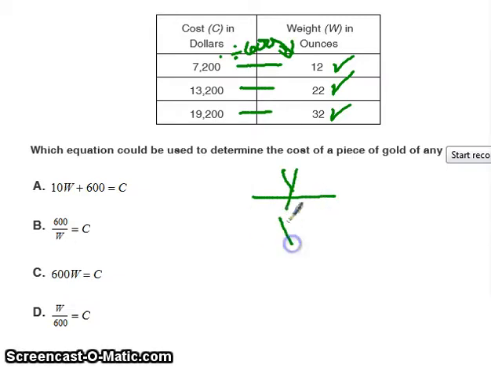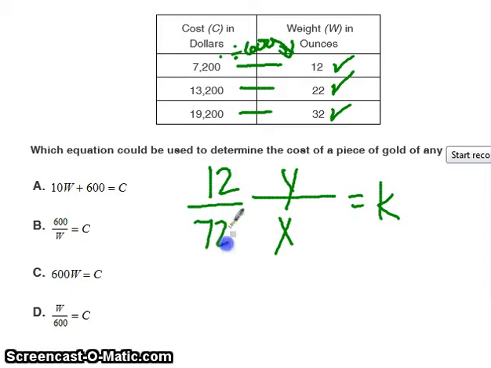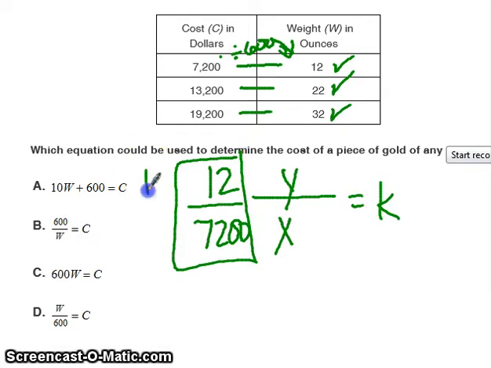You could say y divided by x. That's going to give your constant of proportionality if it's a direct variation, which this particular one is. So if you substitute in 12 divided by 7,200 and look at it as a fraction, simplify it to lowest terms, it's going to give you 1 over 600.